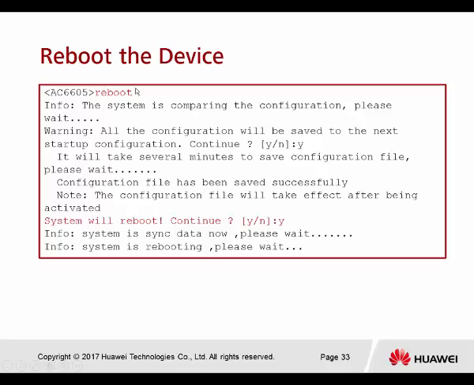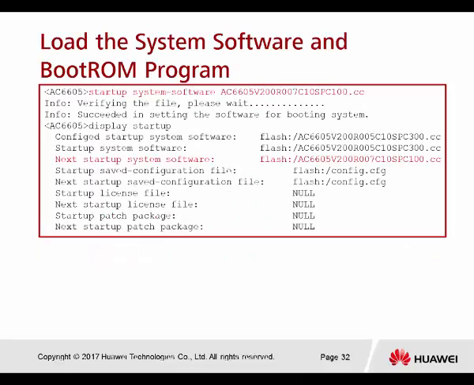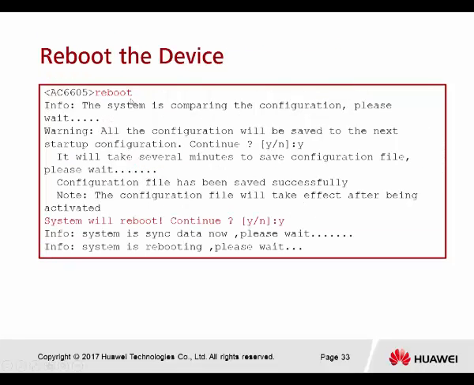And then reboot. After we do this, we have only changed the next startup system software, so the system won't immediately upgrade. You have to do a manual reboot. After using the reboot command and rebooting, it takes effect.